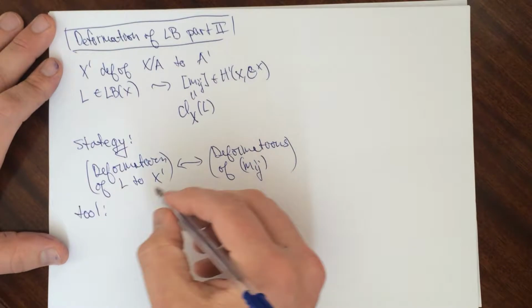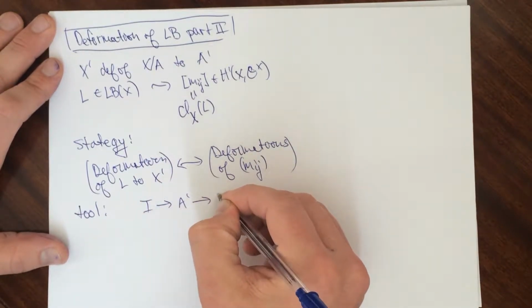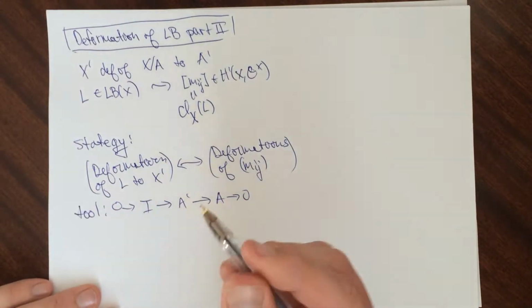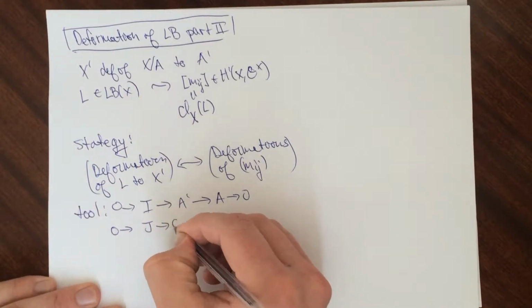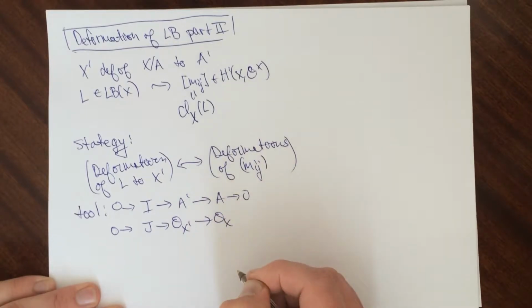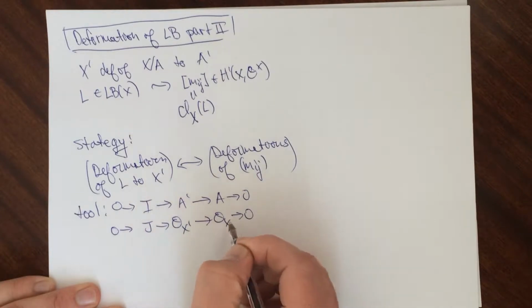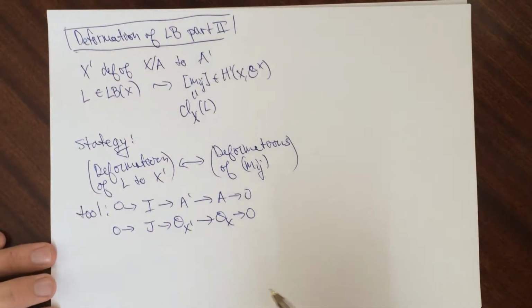So we have again that I goes into O_X' like this, to O_X, to 0. Okay, and so we also have that we can extend this to the deformation here, like so. Okay, so this is the ideal sheaf that defines X, and now there's an important exact sequence.